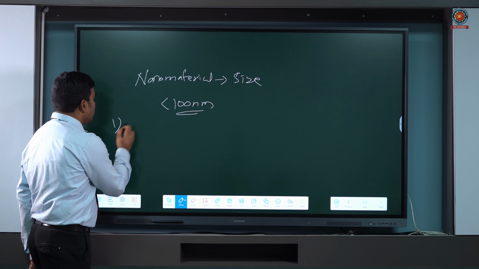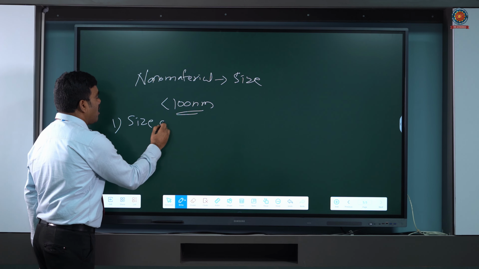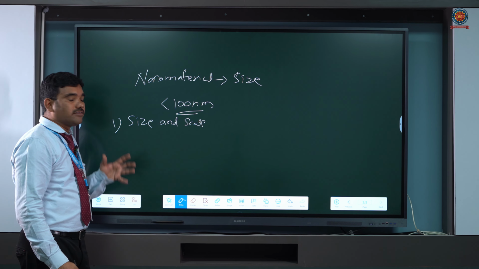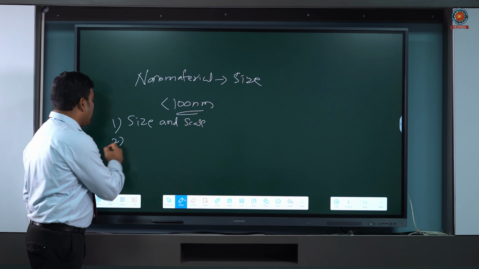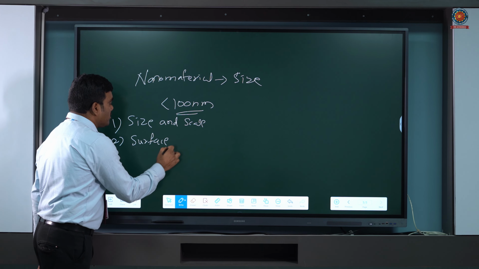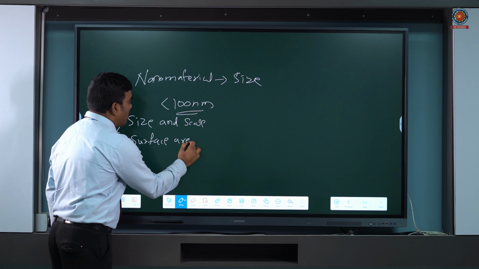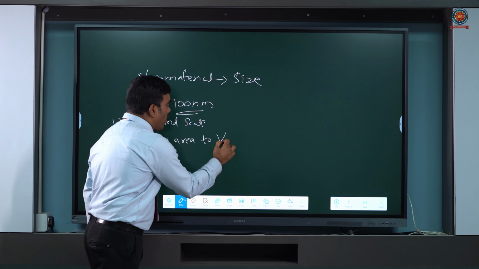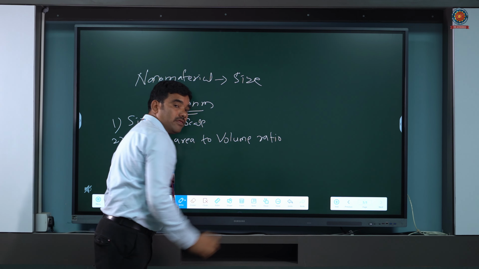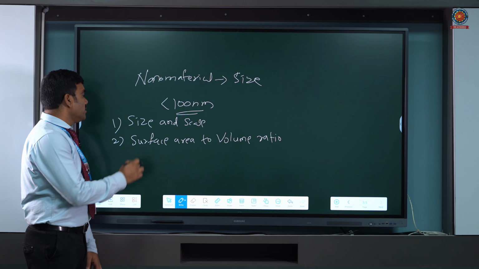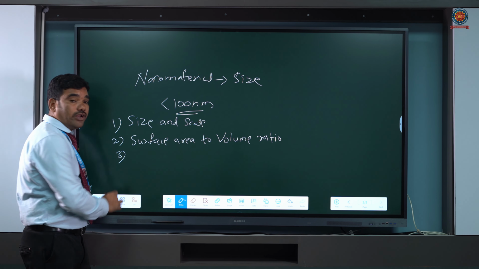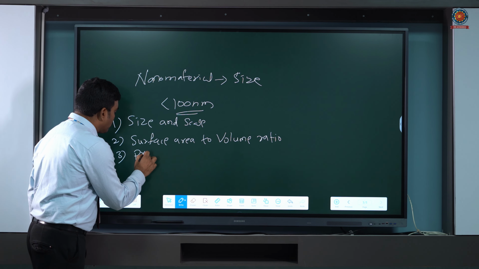First one is size and scale. Second is surface area to volume ratio. Third is properties.